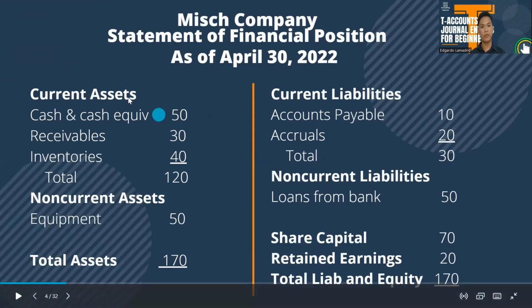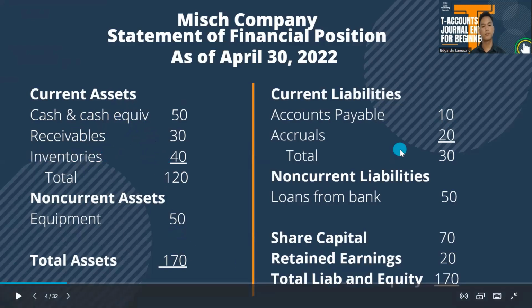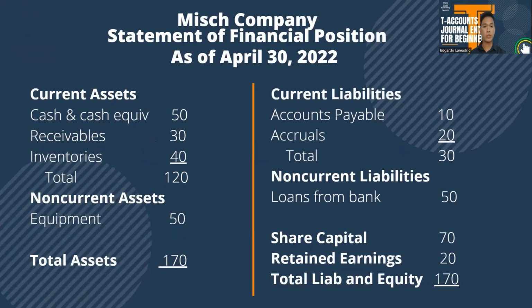And then from current assets, you can see the line items, which are cash and cash equivalents amounting to 50 currency units, and then receivables amounting to 30 currency units, inventories amounting to 40 currency units, and so on. This statement of financial position is very important so that we can understand later the line items, the accounts, and the journal entries.